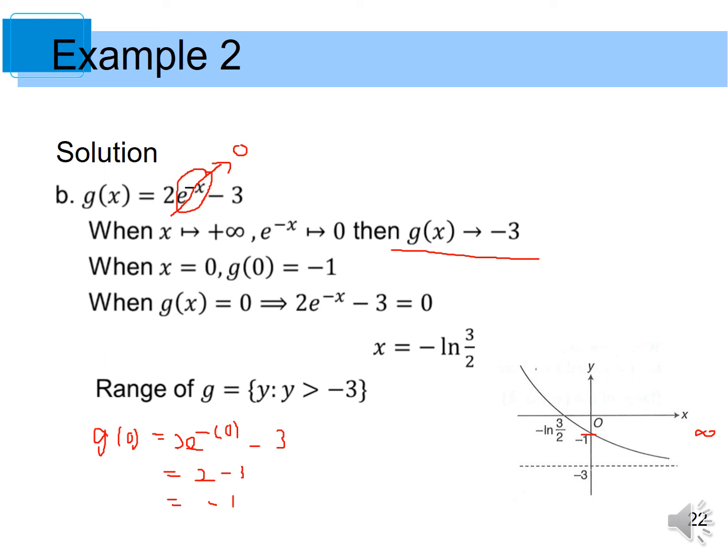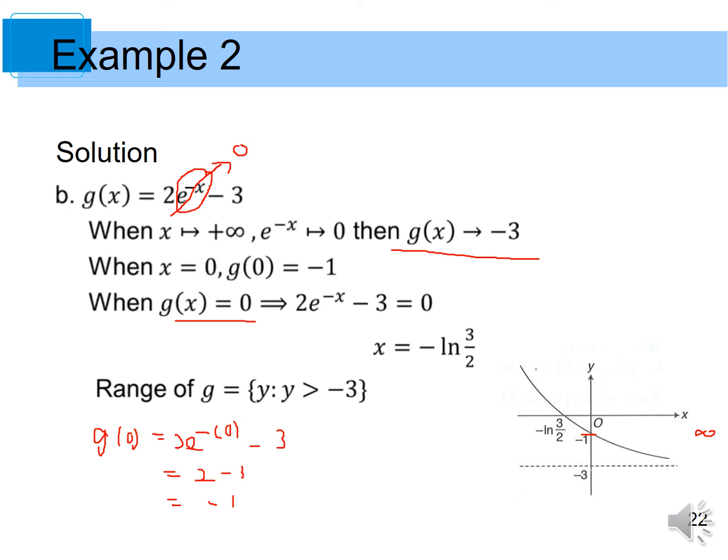And you can check for the x-intercept. You just let y equal to 0. So you solve exponential function. You have learned how to solve exponential function. Refer back to the first example in this slide.